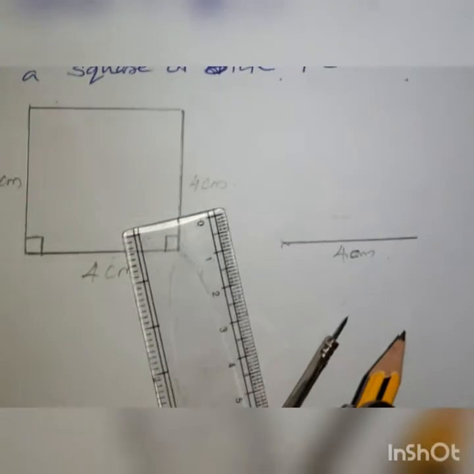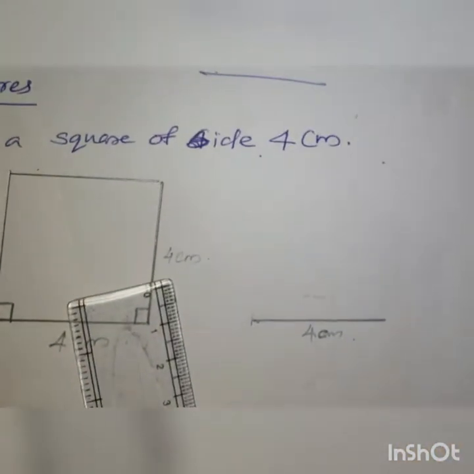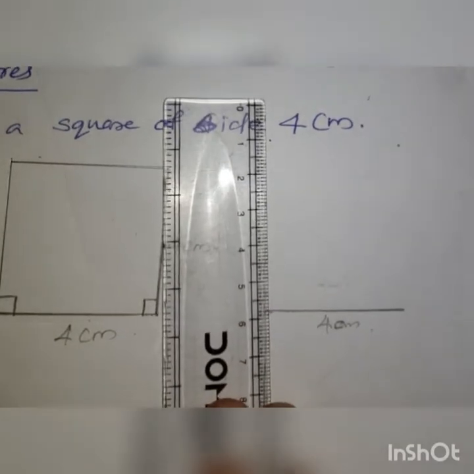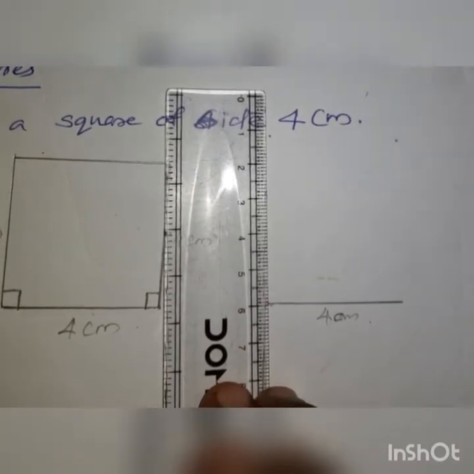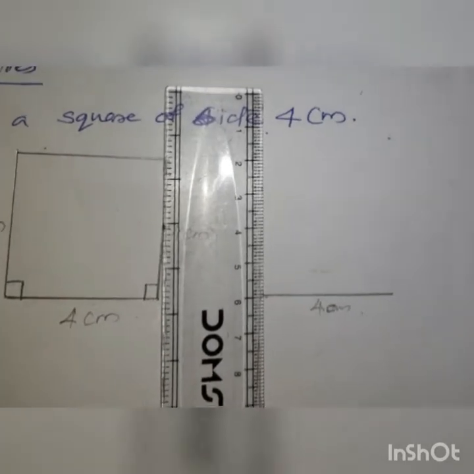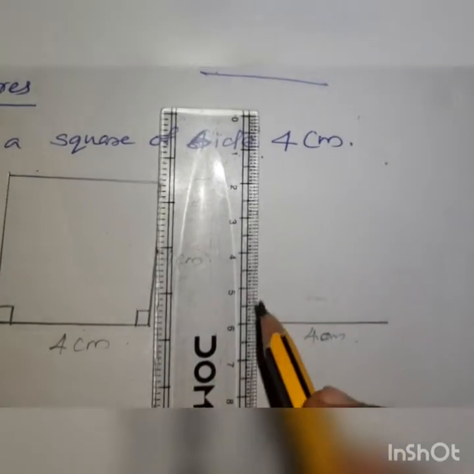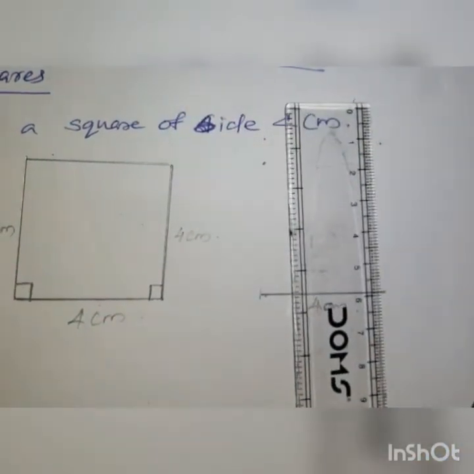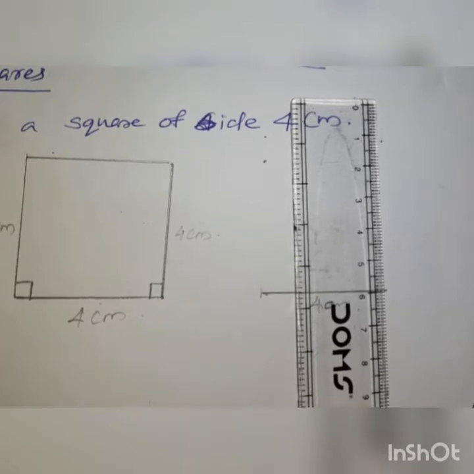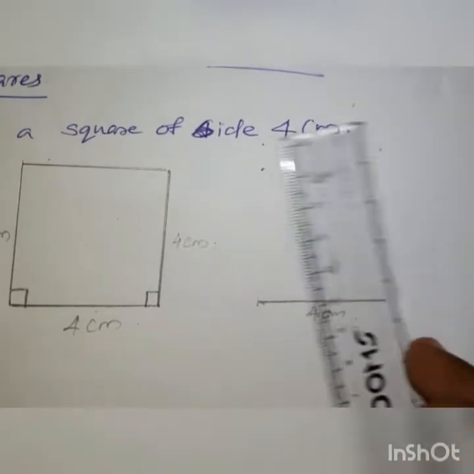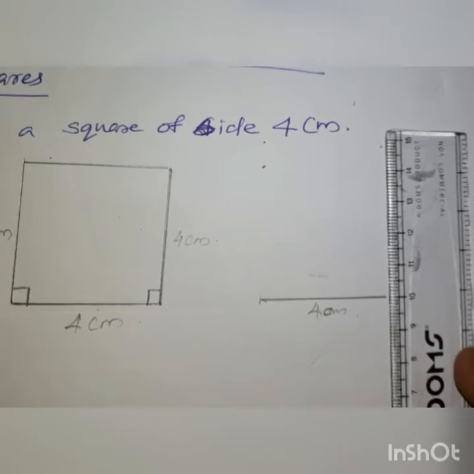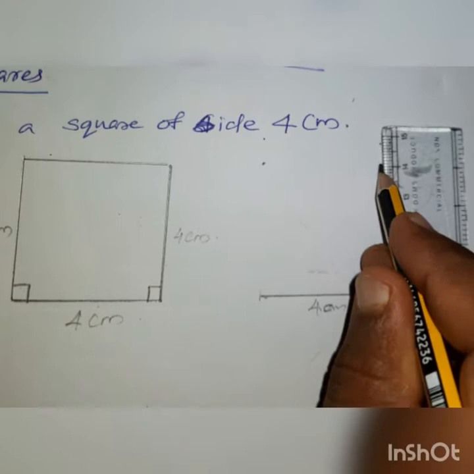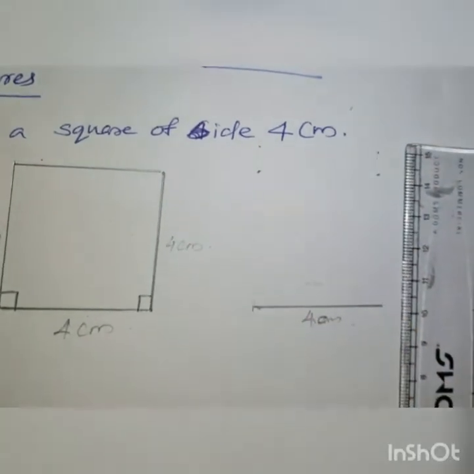And you have to mark 4 centimeter from this end. One, 2, 3, 4 centimeter. Okay. So then you have to join it.